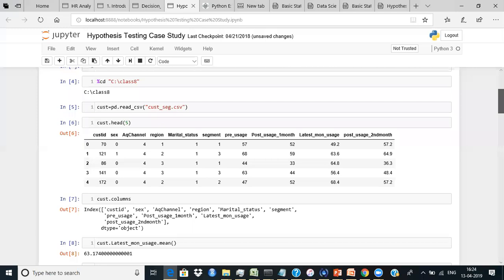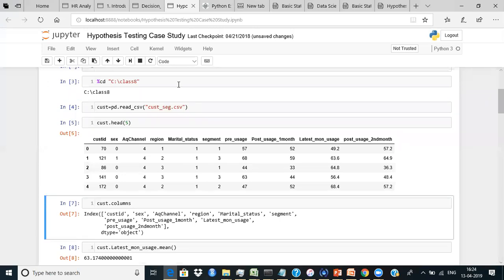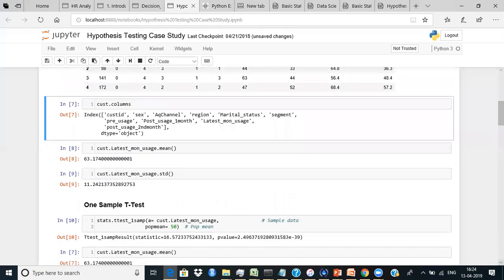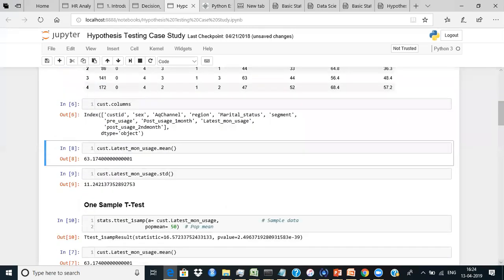Now, the first thing that we do is we load the data. All of you understand how loading happens, right? We've gone through this. The data looks like this. We have already looked at the data. Now, if you want to know the column names, you write data frame dot column names.